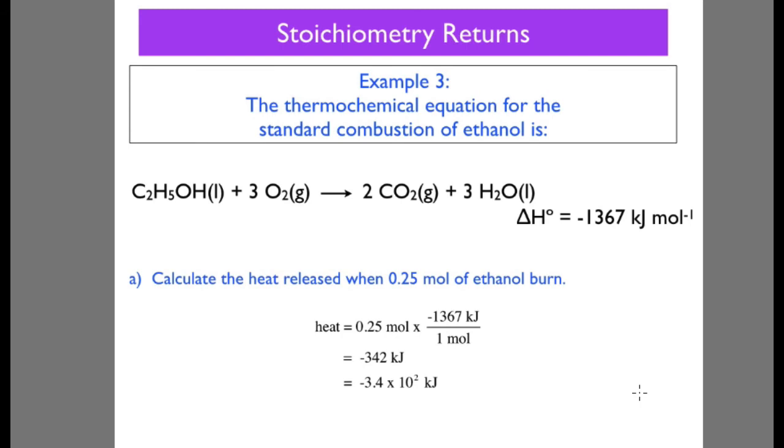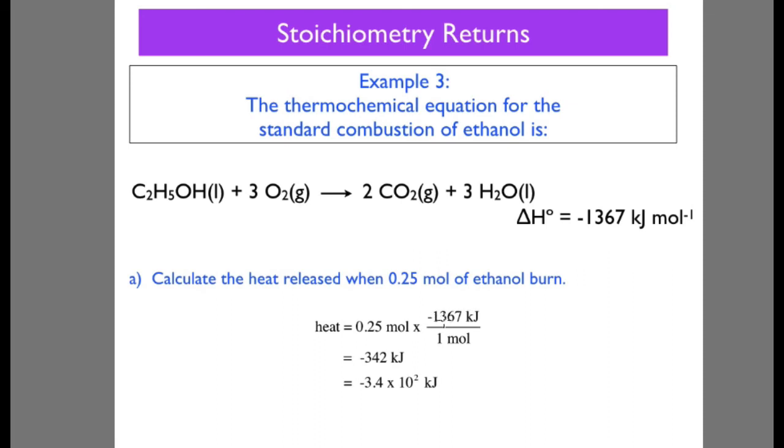Example 3. The thermochemical equation for the standard combustion of ethanol is as follows. If we need to calculate the heat released when 0.25 moles of ethanol burns, we need to look at the ratios. We've got 1 mole of ethanol in the balanced equation, and we want to know 0.25 moles in the question. And so we could use a conversion factor.